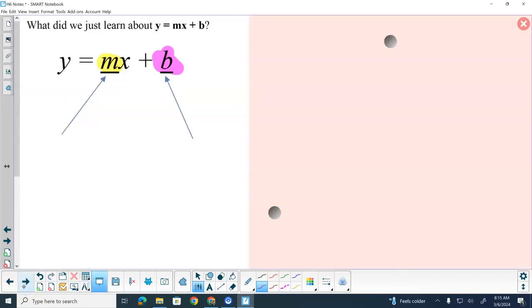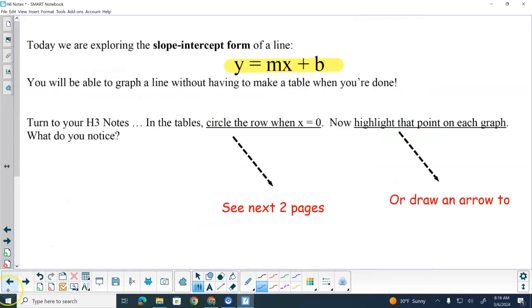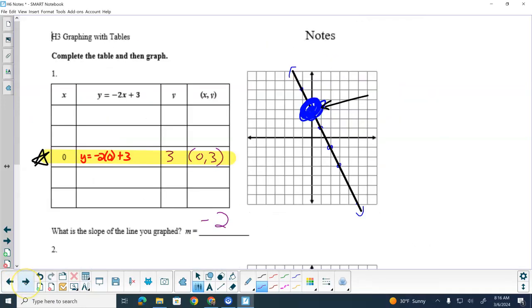So back to H6 notes now. Back to your H6 note page today. So what did we just learn about y equals mx plus b? Let me go back and highlight one more thing on all of those that we just did. Right here, this said our y-intercept was 3.